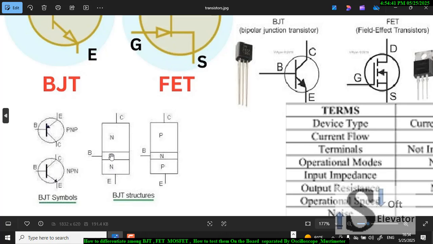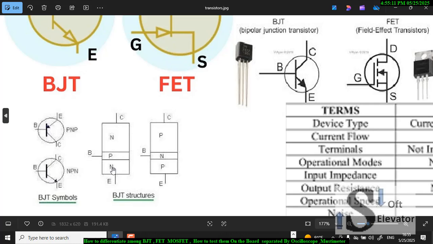If I put the positive probe of the multimeter, the red one, in the B, and put the common, the black one, on the N, there will be a forward junction, which means small forward resistance, or the voltage will be 0.7.